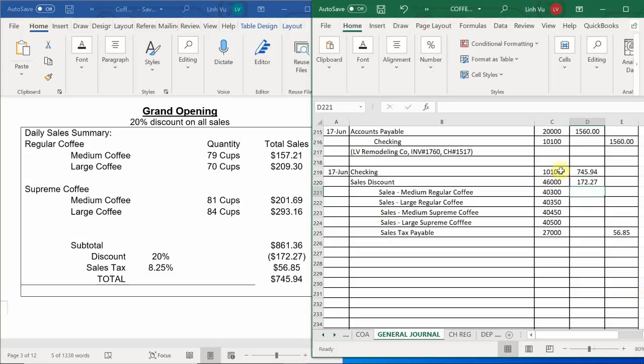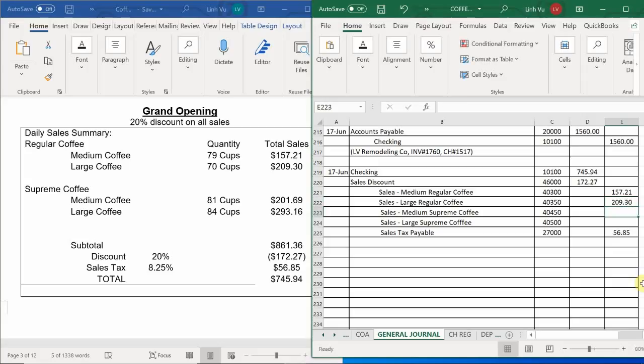Then we need to go down the line on how much each coffee was for. Okay, so how much was my medium regular coffee? $157.21. Okay. How much was my total large regular coffee? You sold $209.30.